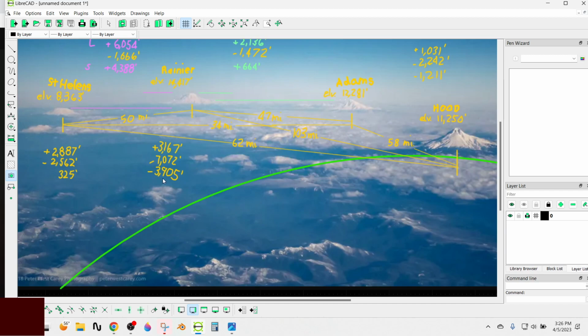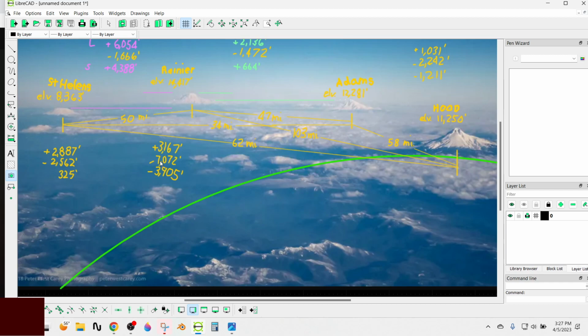Right here we have Mount Rainier to Mount Hood. The difference in the elevations of Mount Hood's 11,250 feet and Mount Rainier's 14,417 feet is 3,167 feet.